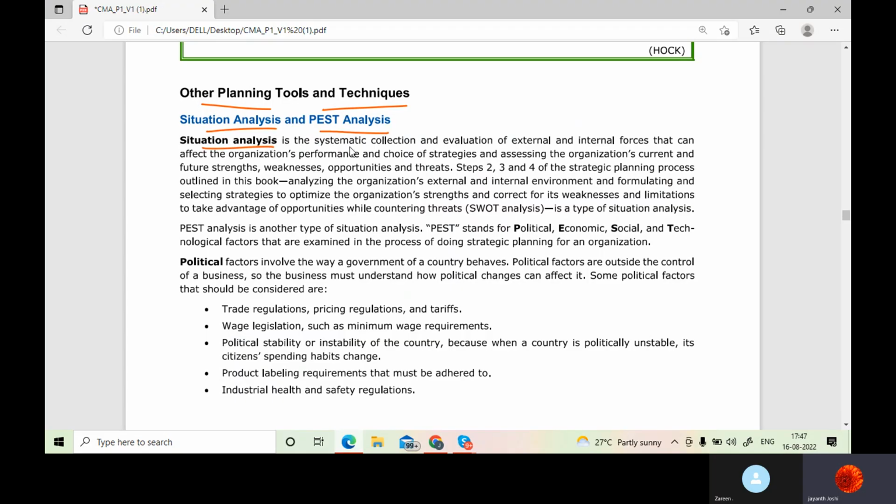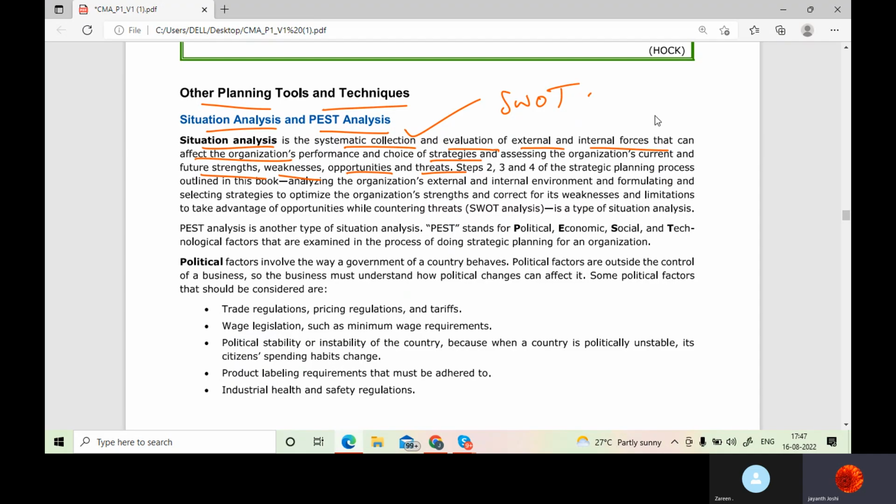Situation analysis is a systematic collection and evaluation of external and internal forces that can affect the organization's performance and choice of strategies, and assessing the organization's current and future strengths, weaknesses, opportunities and threats. So situation is nothing but what situations an organization can face, what kind of problems an organization can face.